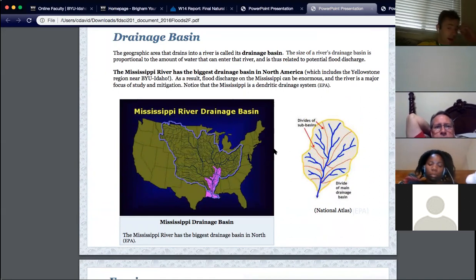So these are important with regards to flooding, because let's say you've got the Mississippi down here. Well, let's say Montana and the Dakotas and Colorado and Wyoming over here have a really, really snowy winter, and then a really warm spring.